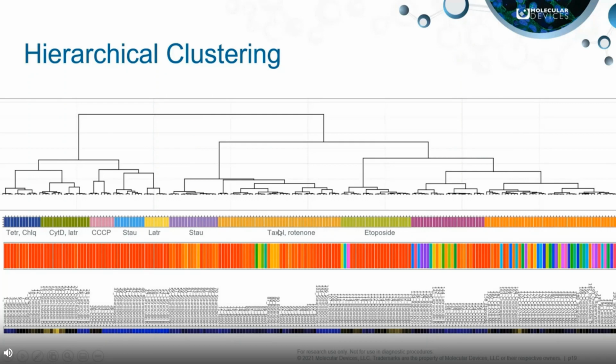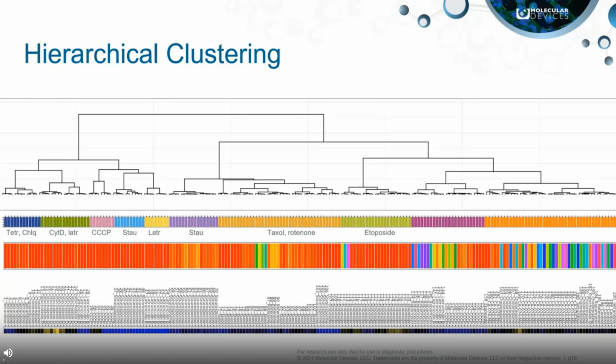Most clusters are made of one compound treatment. For example, where I'm pointing right now, these pink bars are all in one cluster, made up of only CCCP treated cells. Next to it is a staurosporine cluster, and then next to it in yellow is a cluster made up of latrunculin.